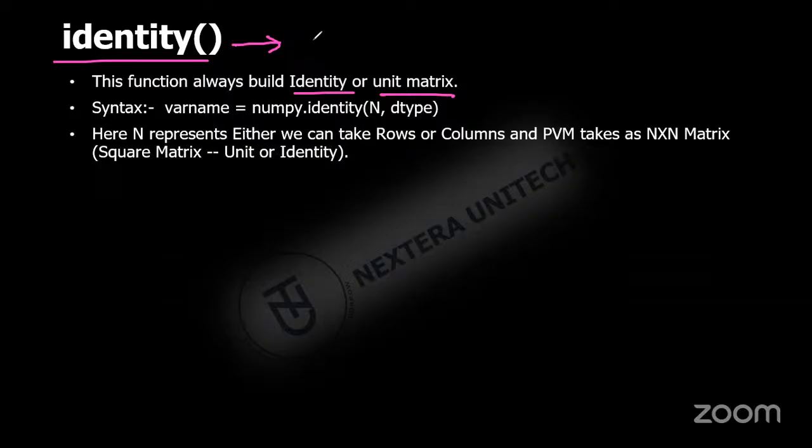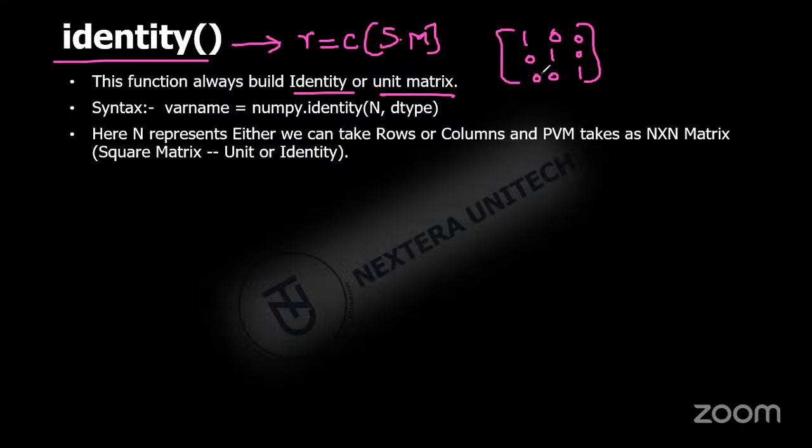Right? So what is a square matrix? A square matrix means a matrix in which the number of rows and the number of columns are the same. Such a matrix is called a square matrix. So that means an identity matrix is always a square matrix which contains only the principal diagonal elements as 1, and the rest of the non-diagonal elements as 0.